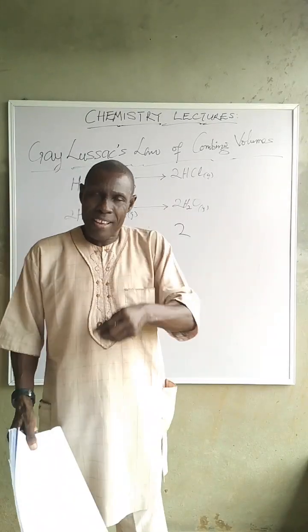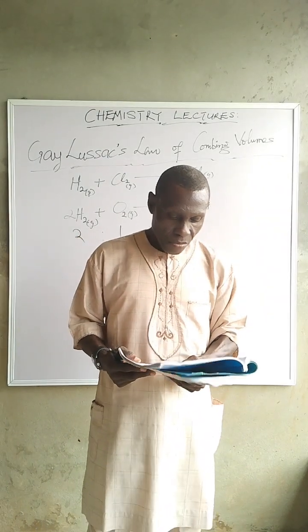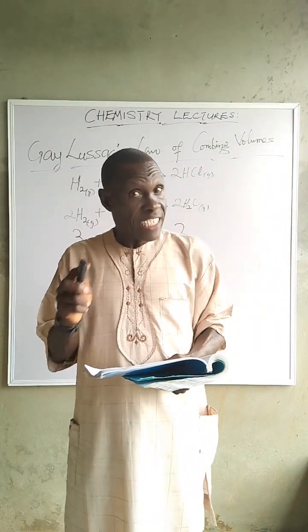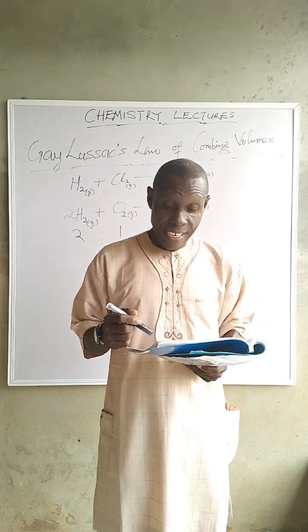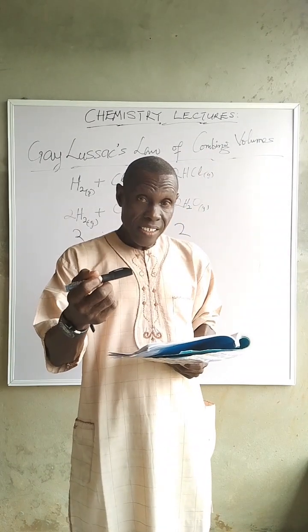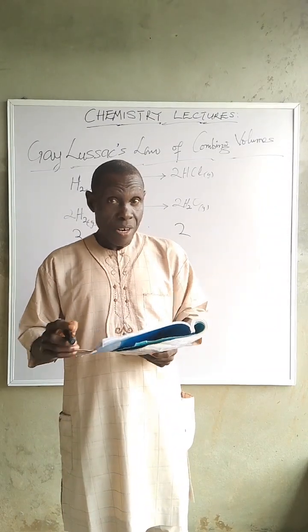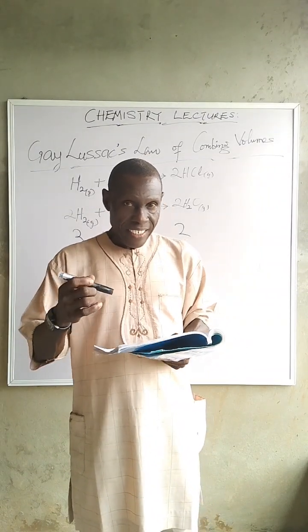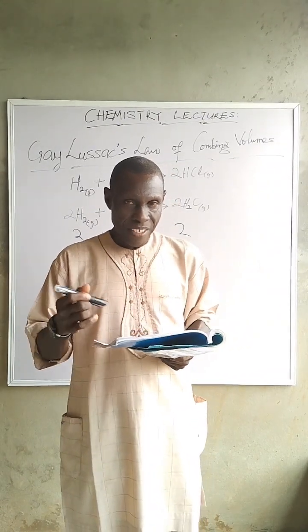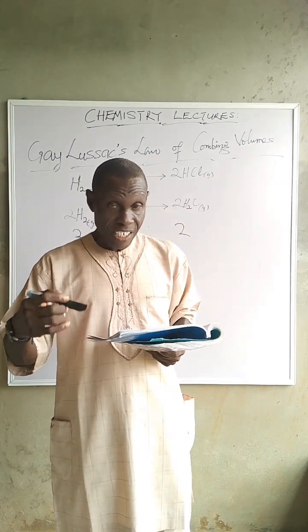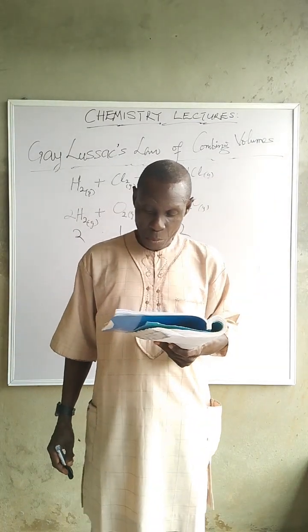So how did he determine these volumes? The simple answer is that he got this by balancing the equation. Once the equation is balanced, the coefficients will represent the volumes of the combining elements.